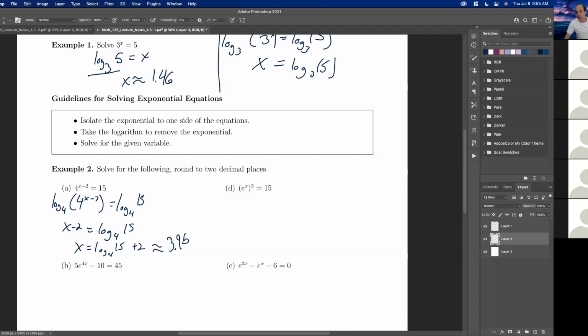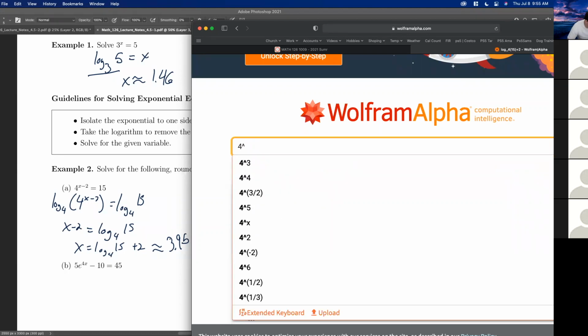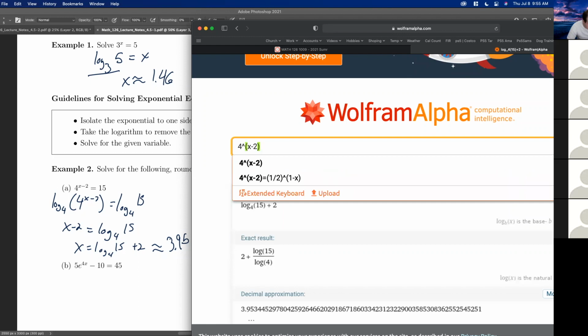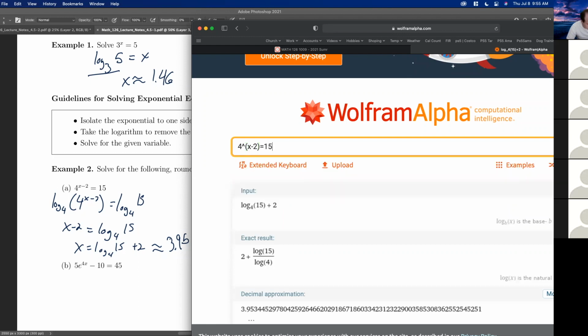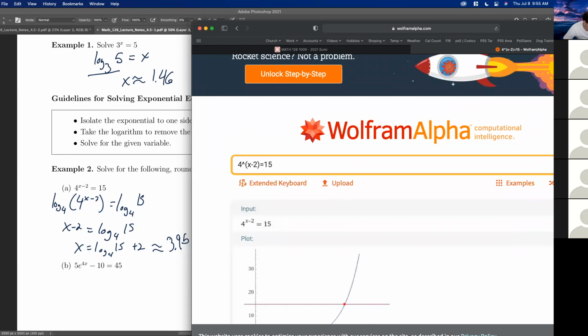All right. And let me just show you how we check it from the beginning. You just type it in. You just say 4 to the x equals, and here we go. It's going to do a lot more funniness.